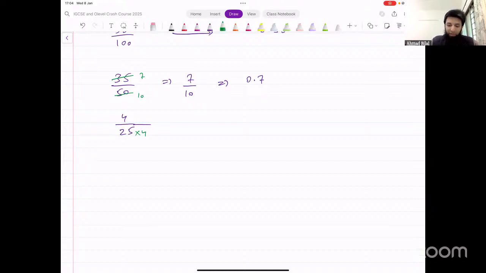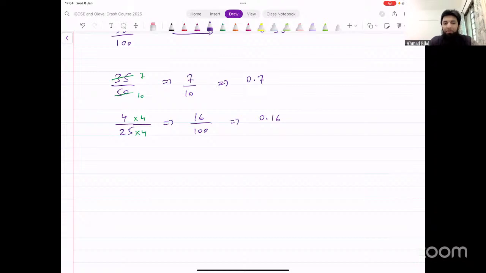If you're multiplying the denominator by 4 to balance that, we also have to multiply the numerator by the same number. So this fraction therefore can be converted to 16 over 100. And now that's easy to do. 16 over 100. You've got 2 zeros in the denominator, so you should have 2 decimals. That's 0.16. That's the result of 4 over 25.